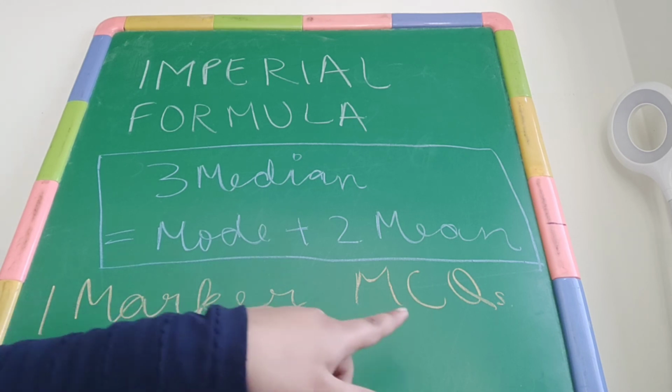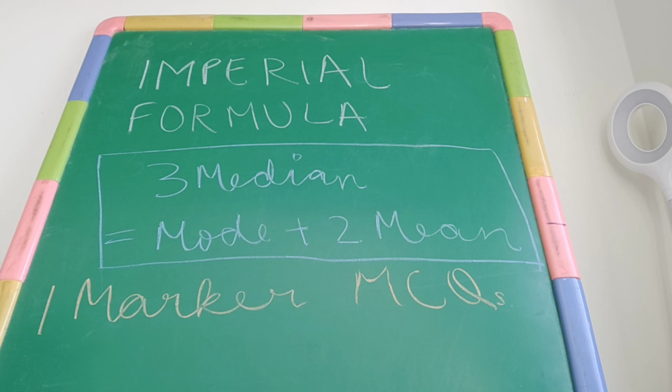It can be asked as an MCQ, or it can also be asked as a normal question where the value of either mean or mode, or any two of the three, would be given, and you would be asked to calculate the third one. Kindly remember this formula. I am repeating it again. 3 median is equal to mode plus 2 mean. Thrice the median is equal to mode plus twice the mean.